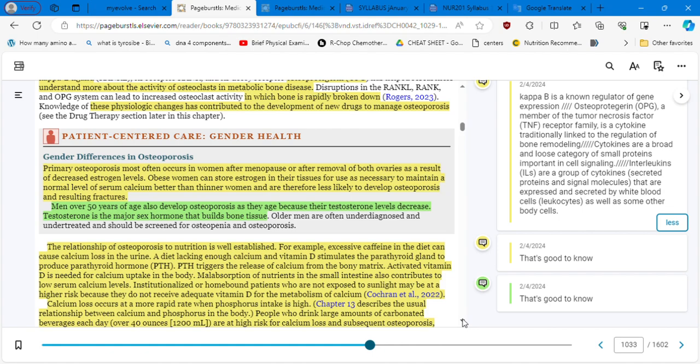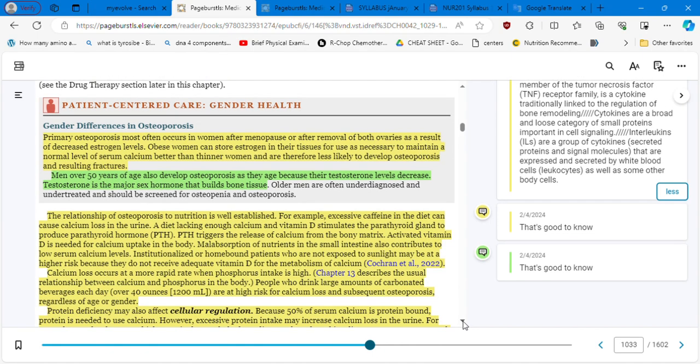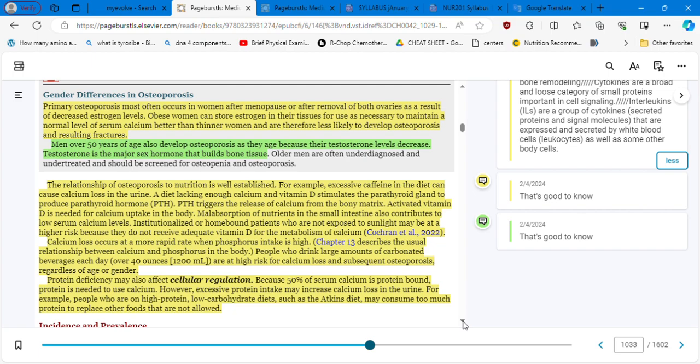Okay, men over 50 years of age also develop osteoporosis as they age because their testosterone levels decrease. And we just saw a few minutes ago that estrogen and testosterone play a crucial role in osteoblast activity, right? Testosterone is the major sex hormone that builds bone tissue. Very good. Good to know.